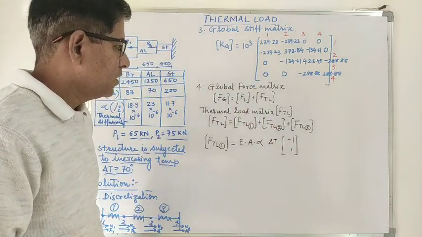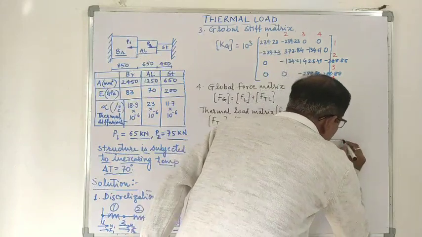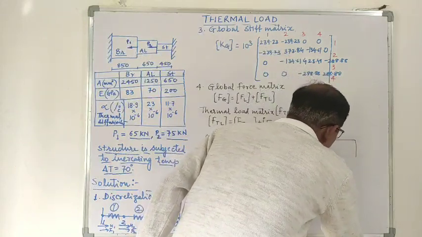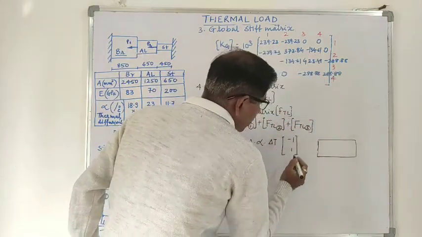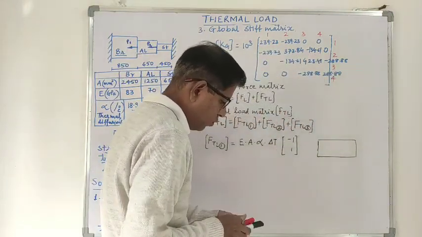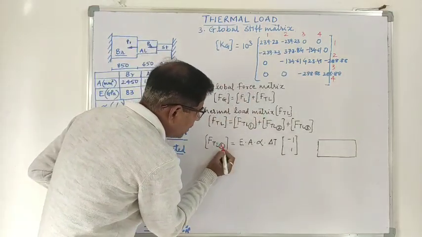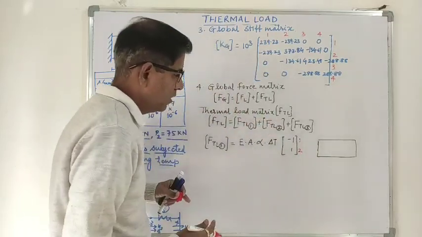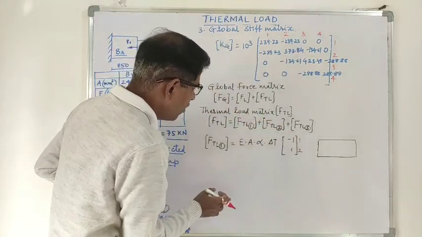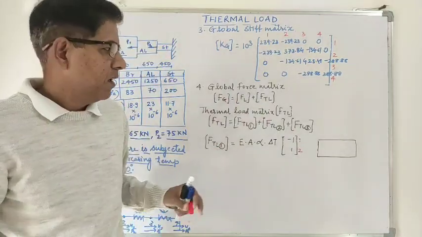Okay. Now this is element number 1. Why is this given? This is for node number 1 and 2, because this element 1 is made up of node number 1 and 2. So this is the formula for finding the thermal load of element number 1.